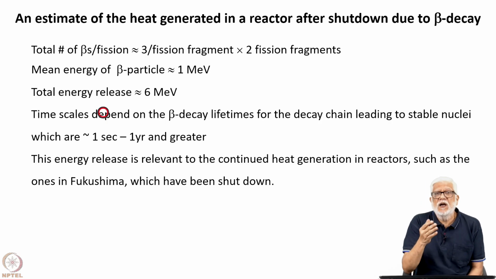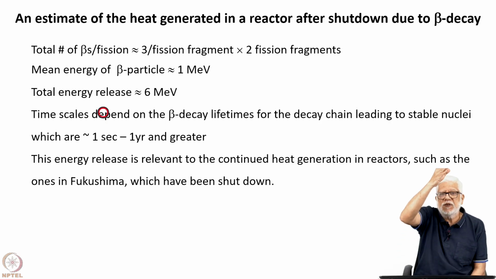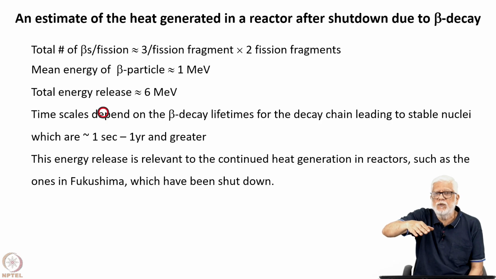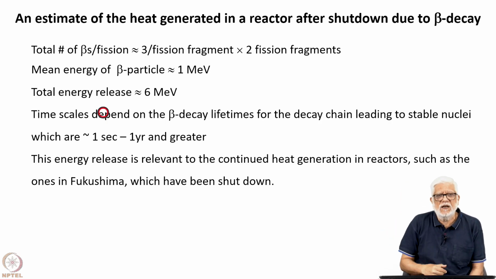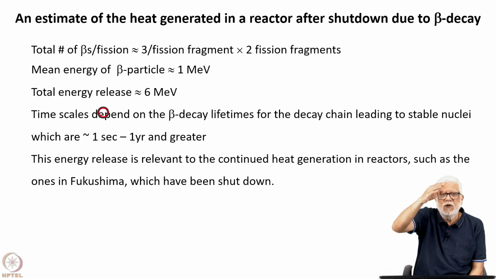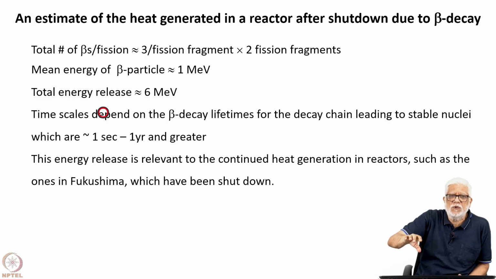Of course, these are typically short-lived. So what happens is that the beta activity decays, and then only the long-lived ones survive. So you have time scales ranging from a second to a year and so on. When you have to consider the year half-lives, then of course the amount of heat generated per unit time is small.